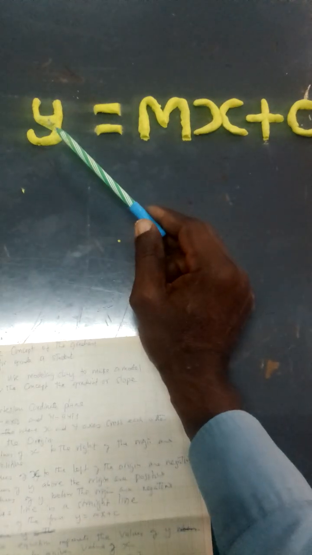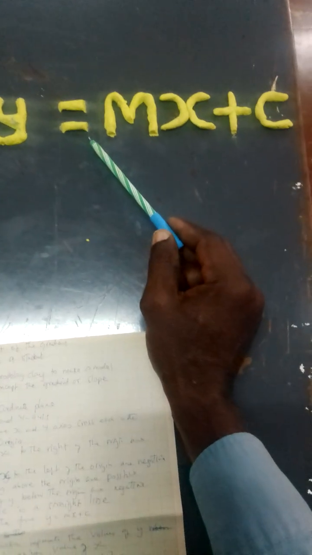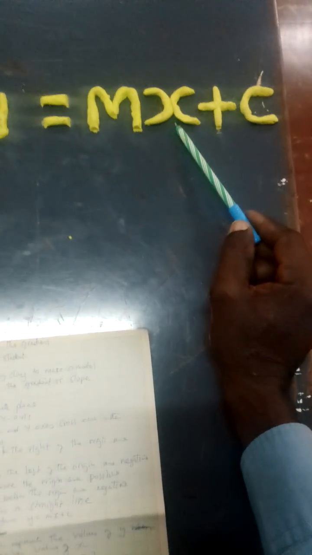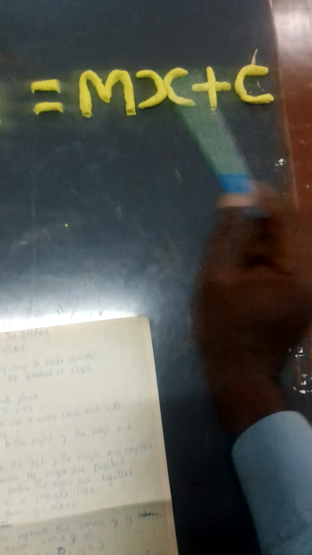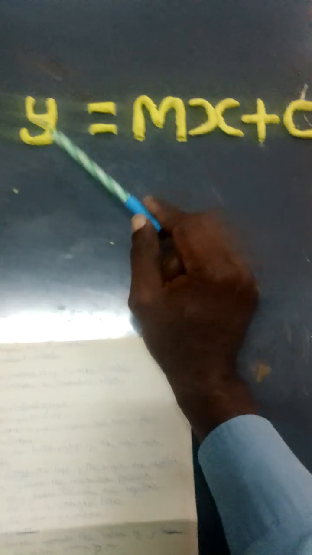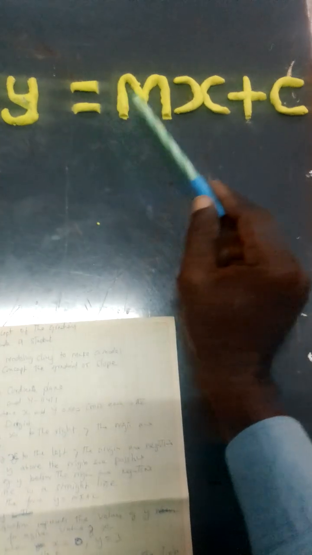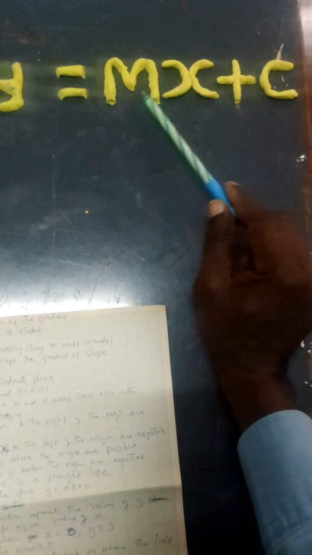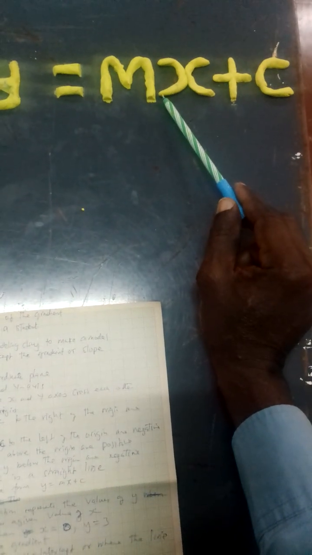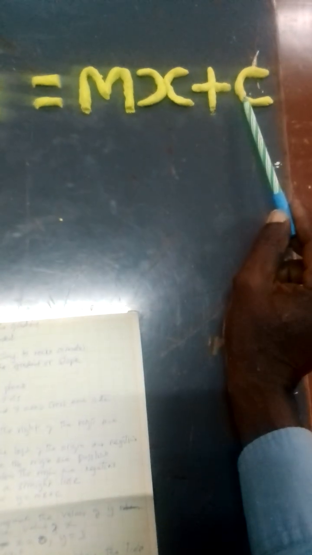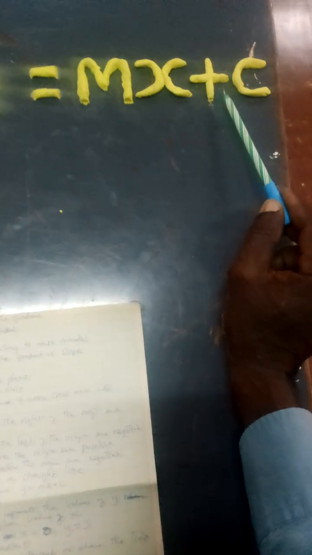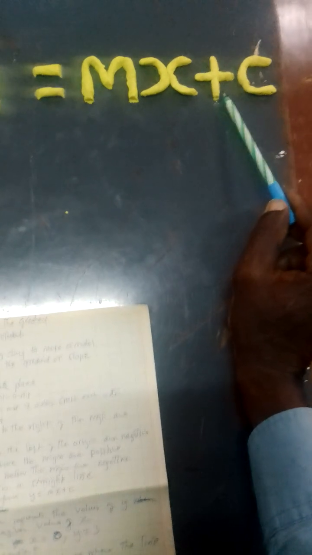So that means 3 is equal to a half times 0, because x is 0, plus c. 3 is the value of y. So half times 0 is 0. So we find that 3 is equal to 0 plus c. That means the value of the y-intercept is 3.